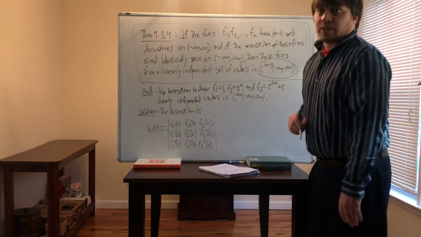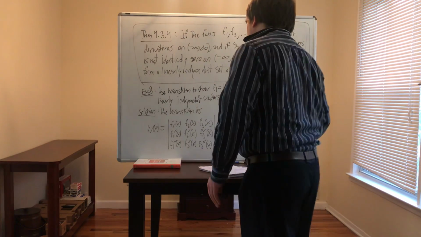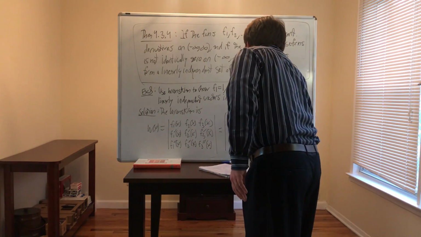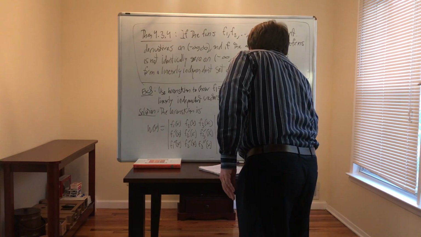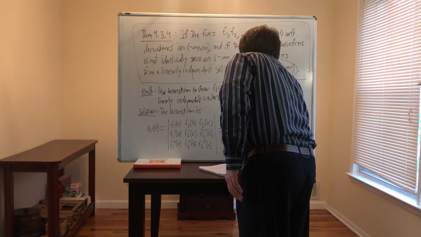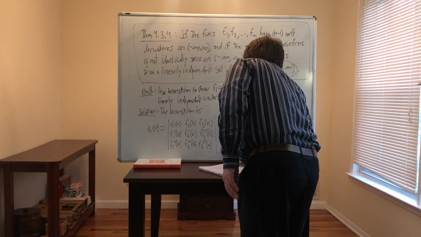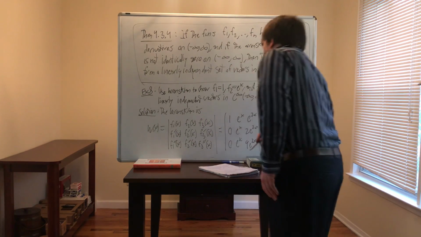So it's the determinant of that matrix for 3 functions. So that's equal to the determinant of 1, e to the x, e to the 2x. The respective derivatives are 0, e to the x, 2 e to the 2x, and then 0, e to the x, 4 e to the 2x.